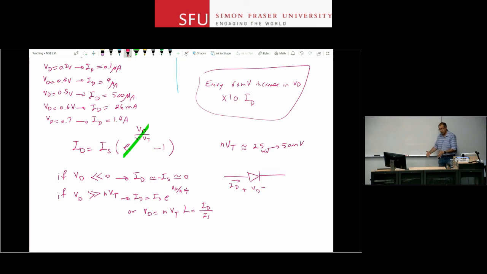It's not exactly zero, but I can assume that it is an open circuit. So I either have a device that has an exponential or logarithmic relationship between its voltage and current when it is on, or an open circuit when it is off. And the differentiator is the amount of current through the diode.